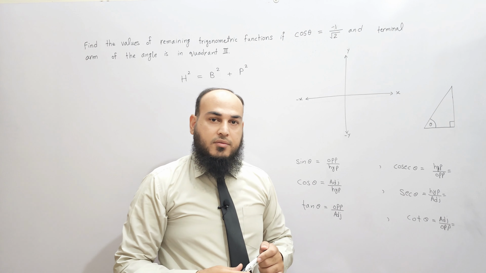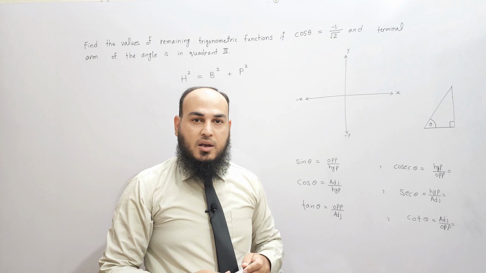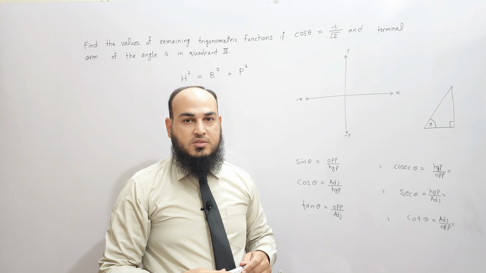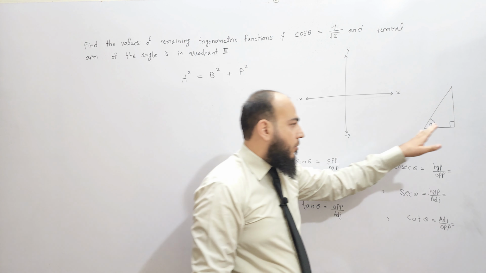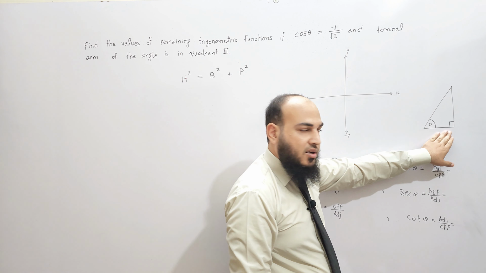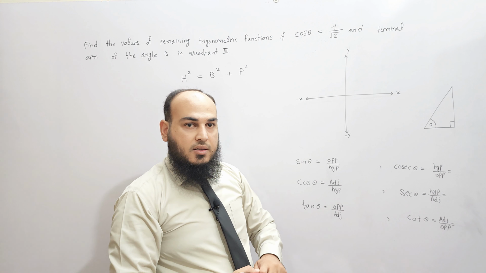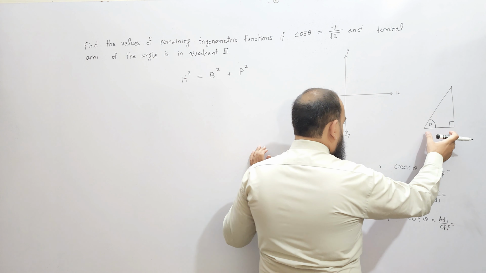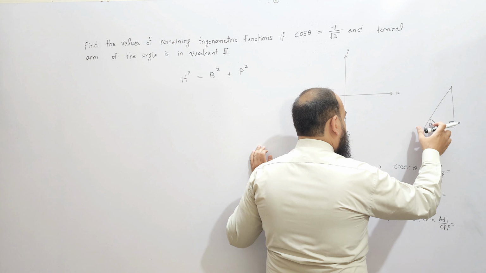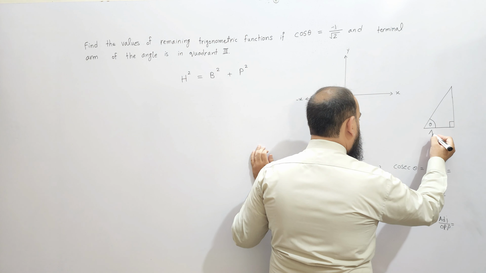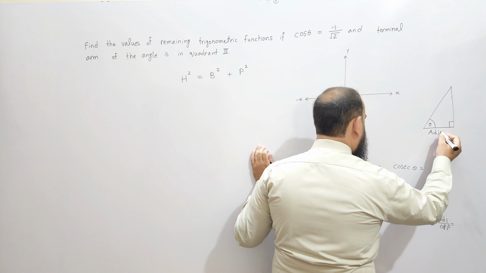First of all, I have to make you understand some points before we start the lecture about the triangle. Okay, this is a right angle triangle, this is angle theta, and this side is adjacent to theta. That is why this side is known as adjacent side.